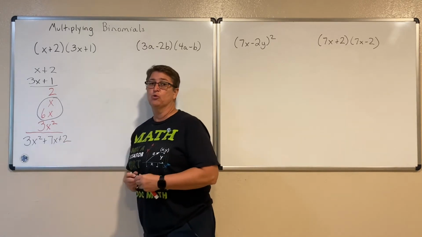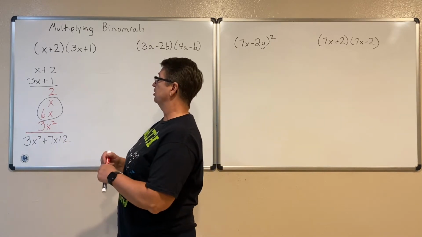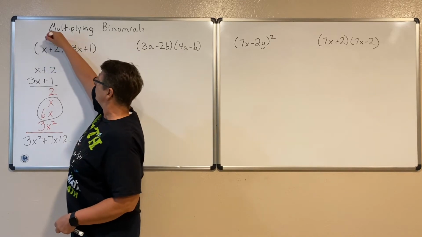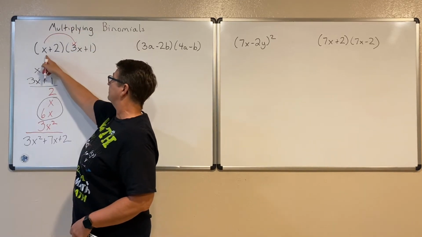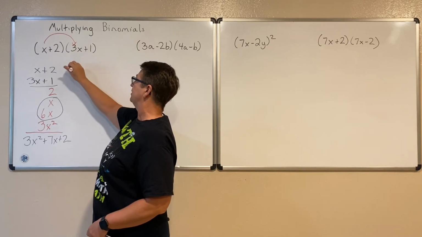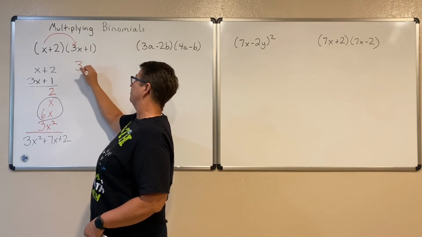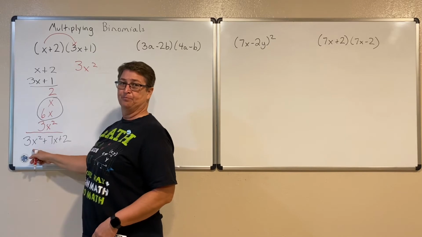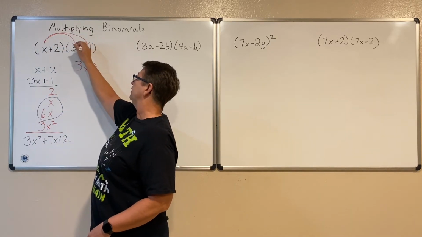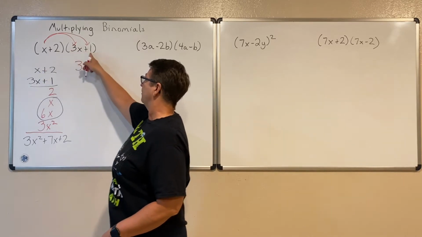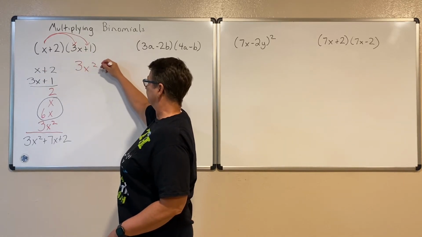Most of the time, though, when we do this, we're just going to look at it and distribute each of our values times one another. So x times 3x gives me that 3x squared that we see out front here. This x now needs to multiply times the 1 so that we get x times 1, which is x.